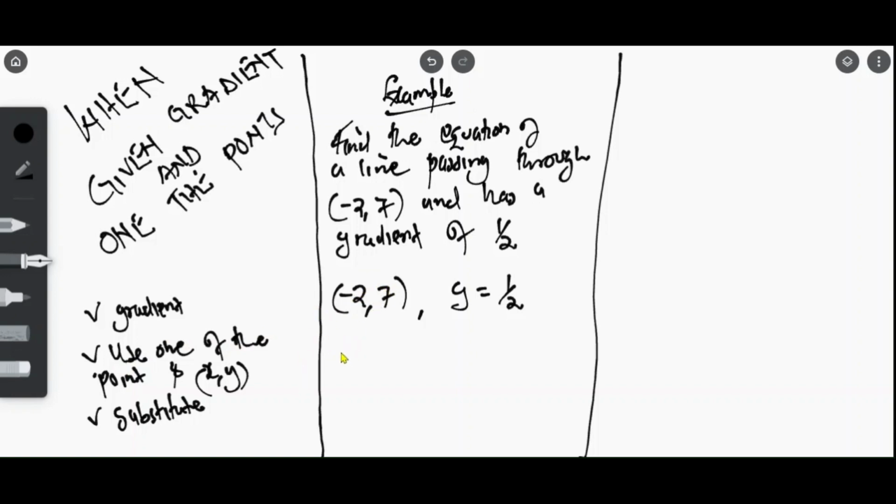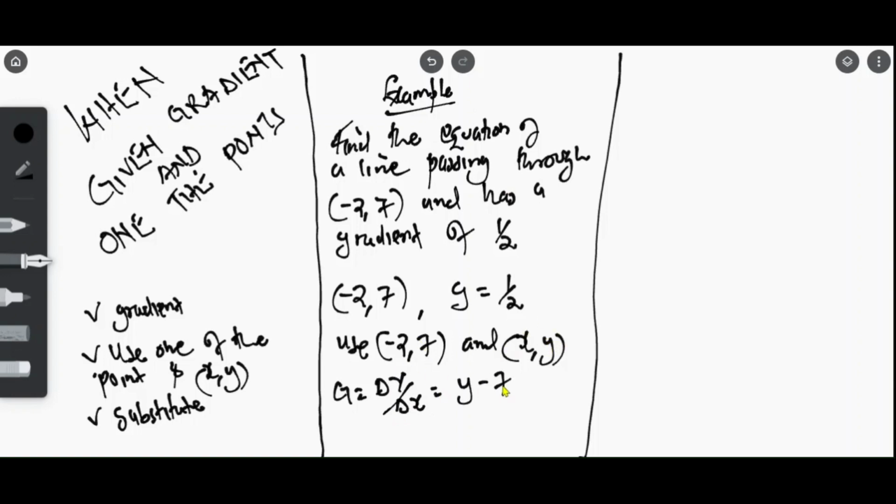So I will use -2, 7 and x, y to find the gradient. The gradient will be change in y all over change in x, so I'll say y minus 7 all over x minus 2.